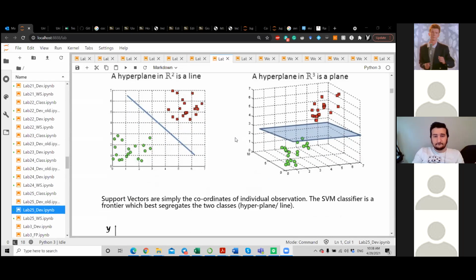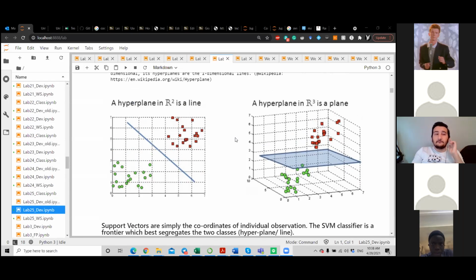Okay. Now, you said the red dot separating. Come again. I was confused about so the blue line separates the red and green dot. So depending on your space, your hyperplane is going to have one less dimension.